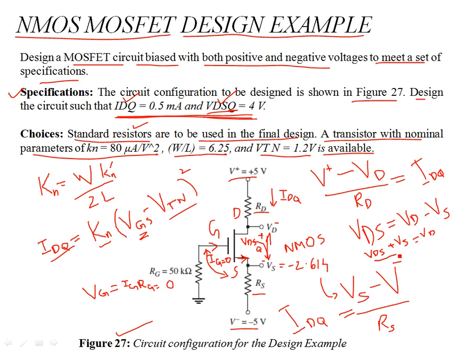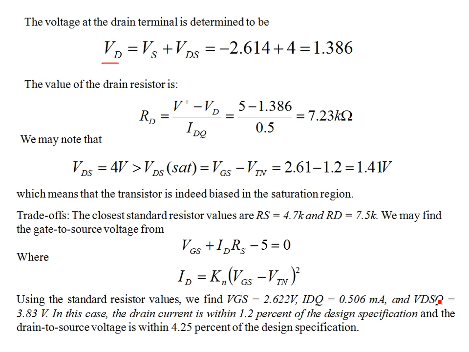Numerically this means that VD is equal to VDS, which is 4, minus 2.614. That is the voltage at the source terminal over here. So this is about 1.3 something, 1.386 volts. So you have VD.